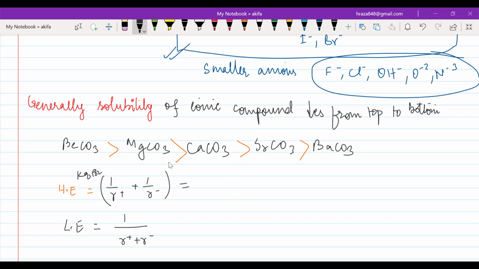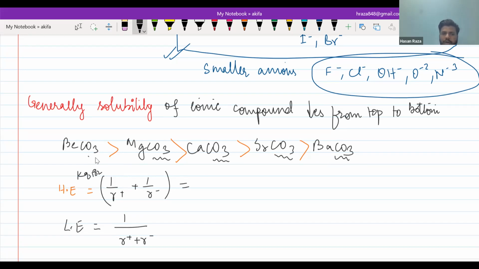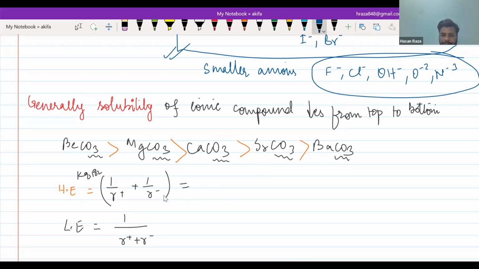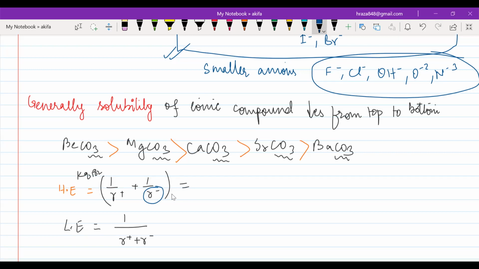Yes. Since these all are larger anions, r minus is so large, and if it is in the denominator, the overall value will be smaller. Are you getting my point? The higher the value in the denominator, the smaller the overall value. Is that clear?